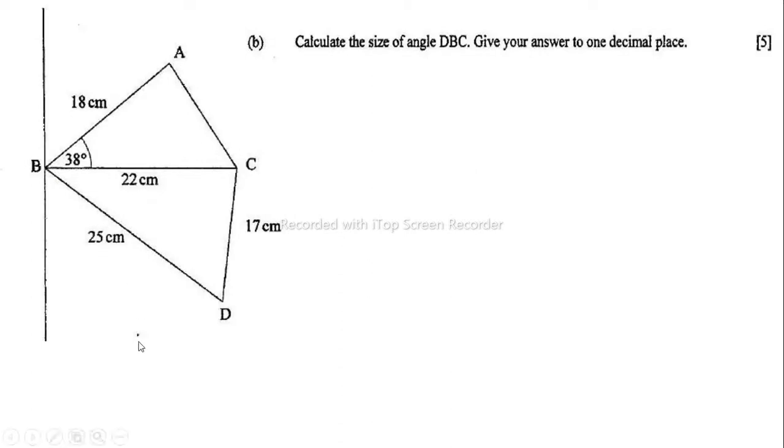So the angle that we're looking for is D, B, and C. Again, it's D, B, and C. And they want us to figure out what this angle is, and we know it's this angle because why?